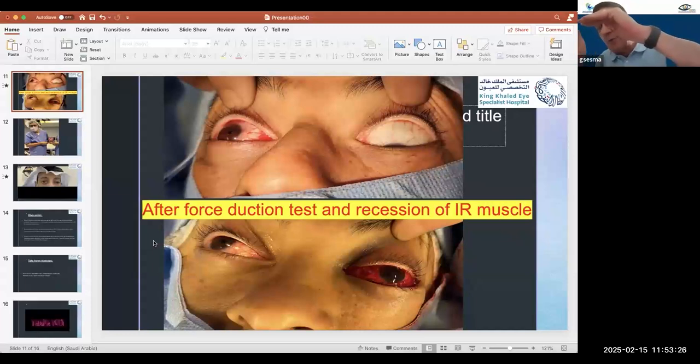I sacrificed a little muscle just to avoid perforation of the sclera, knowing that this muscle was very, very tight. So I sacrificed a couple of millimeters of the inferior rectus and passed the sutures back around 2.5 to 3 millimeters, to allow me to start cutting the muscle carefully.